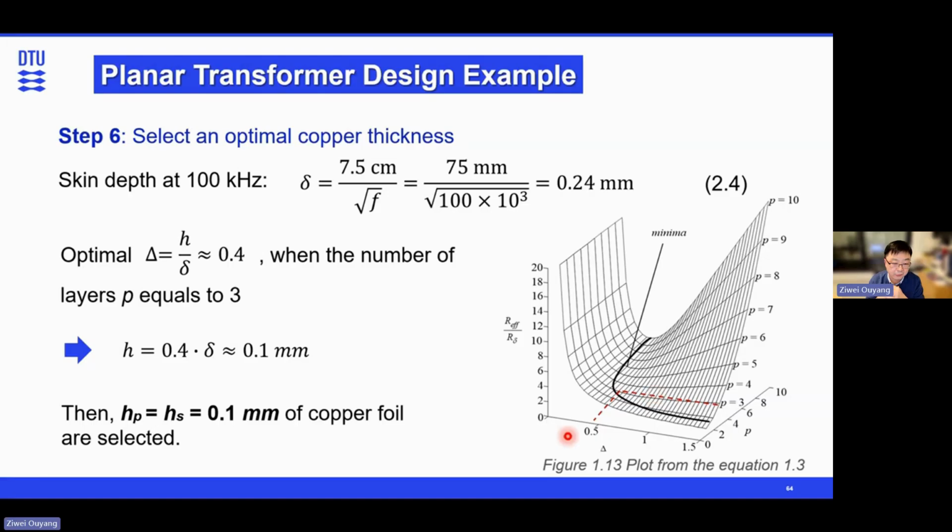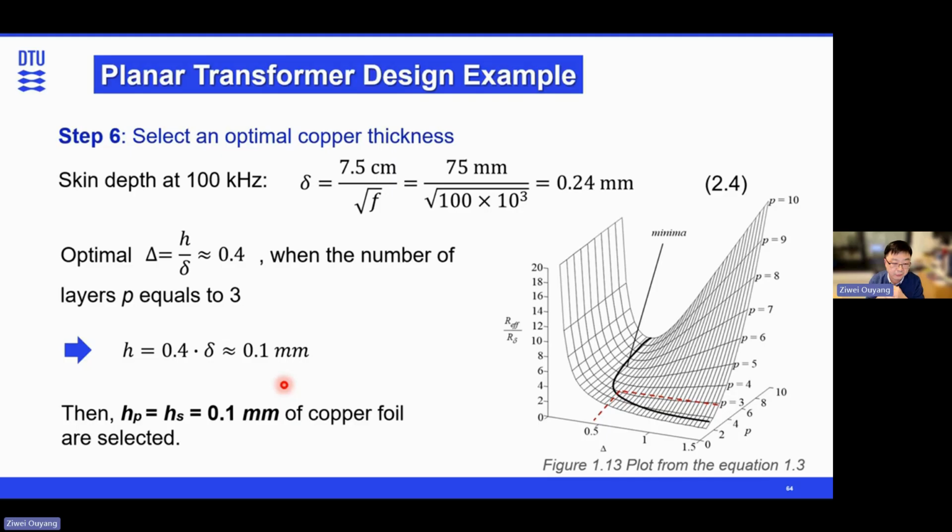Because we have 3 layers for primary as well as secondary, we can find our optimal delta is around 0.4 from this graph, and this graph is from Dowell's equation, as I showed before. So our optimal thickness is 0.4 times delta, around 0.1 millimeters. So we can use 3 ounce copper thickness for PCB windings.